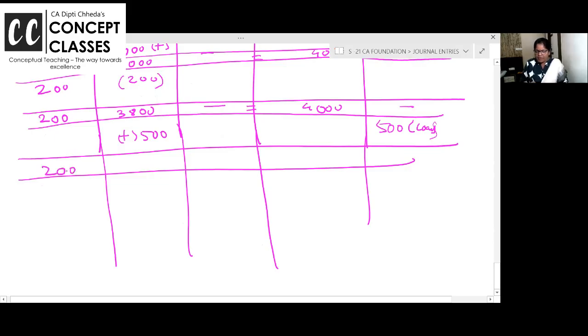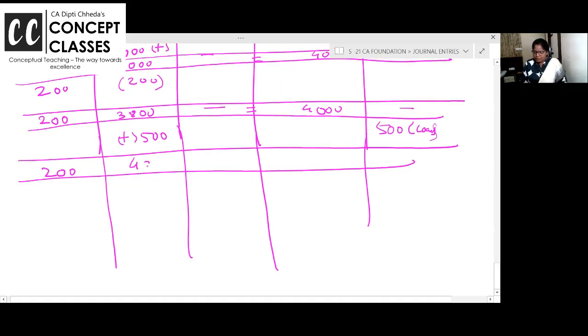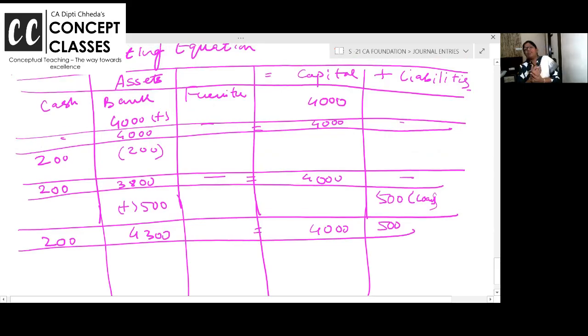Cash is 200. Money from loan has gone into bank, 4,300. This is 4,000. And now we have created the liability. 500 loan we have taken, increase the loan, increase the bank balance.